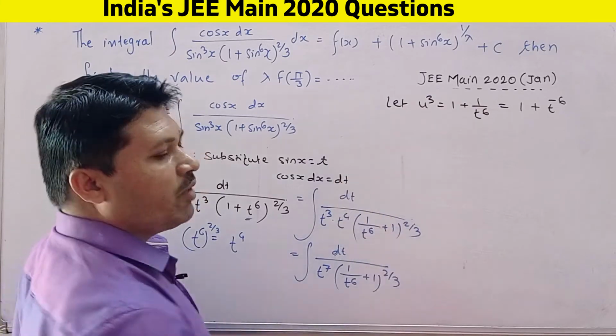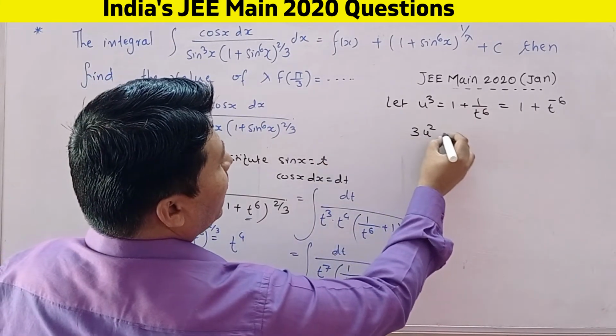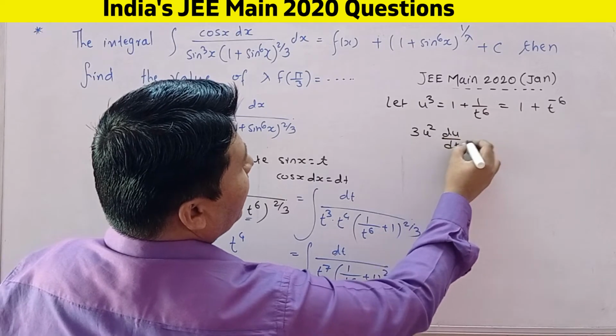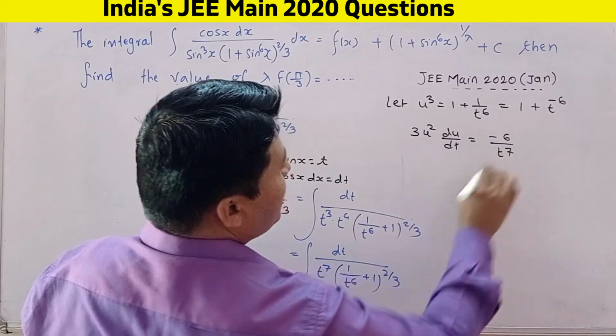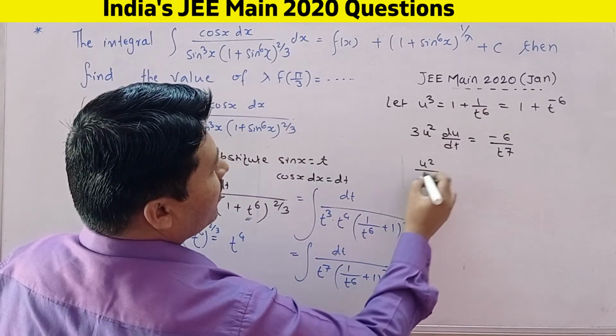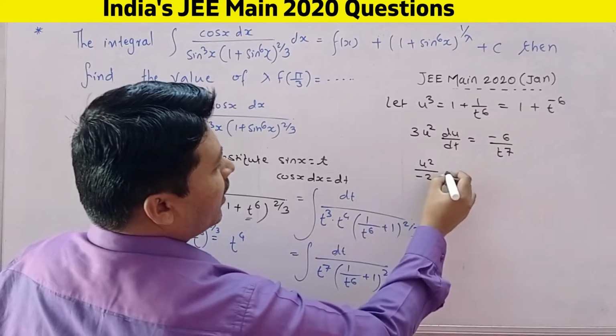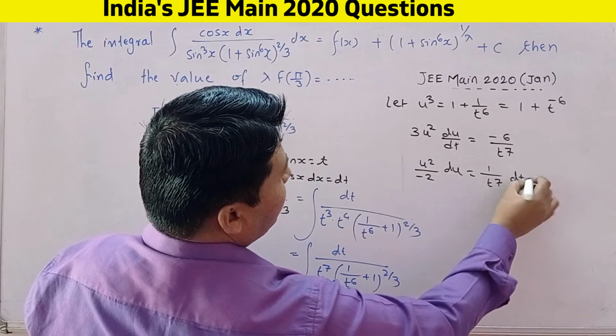Differentiating with respect to t, we get 3u squared du by dt equal to the derivative, minus 6 divided by t to the 7. So we get u squared divided by minus 2, and du equals 1 upon t to the 7 dt.